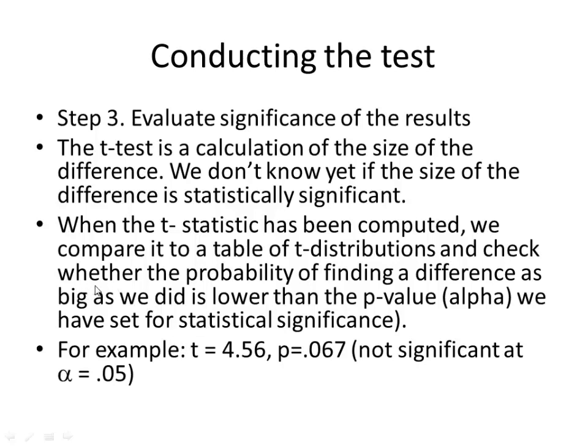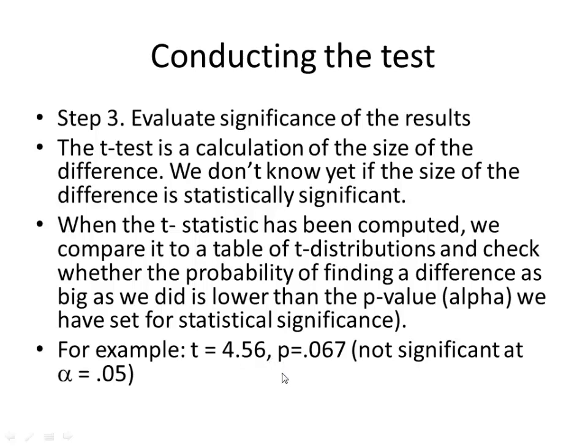The probability of finding a difference as big as we did, if that probability is lower than the alpha level, the p-value that we set, then we would say we have a statistically significant t-test. And so, for example, you might see a statement like this in an article: t equals 4.56. So we calculated our t statistic using that formula, and we found that t is equal to 4.56.